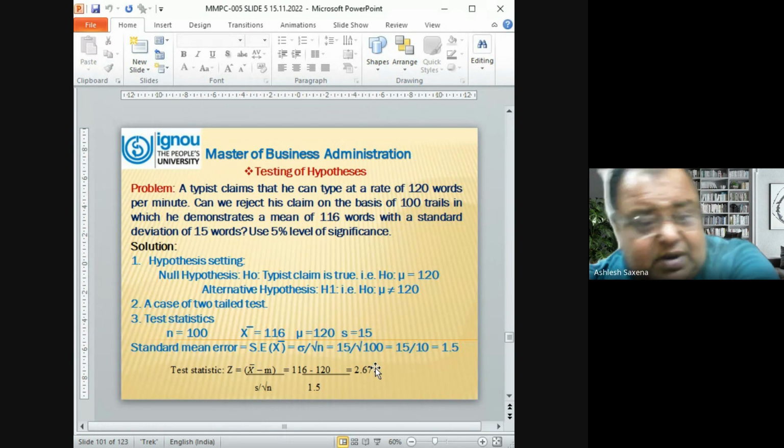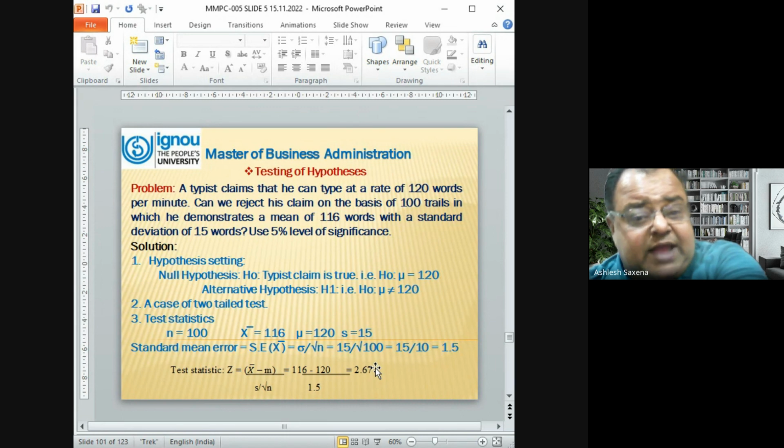So first of all, it is related to testing of hypothesis. The null hypothesis will be that the typist's claim is true. Mathematically, it is written as H0: mu is equal to 120. And the alternative hypothesis will be H1: mu is not equal to 120.